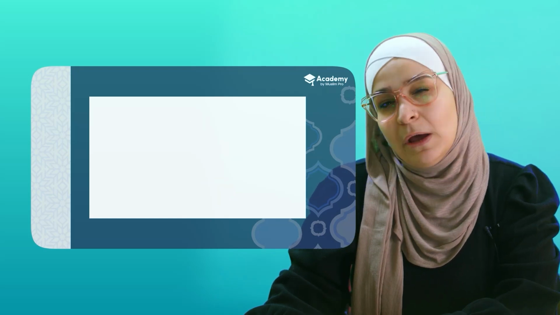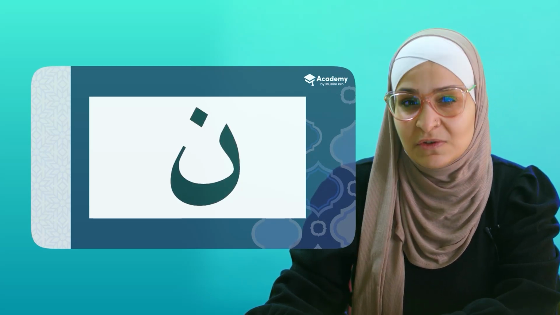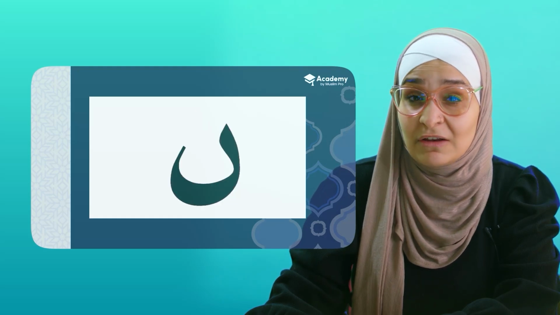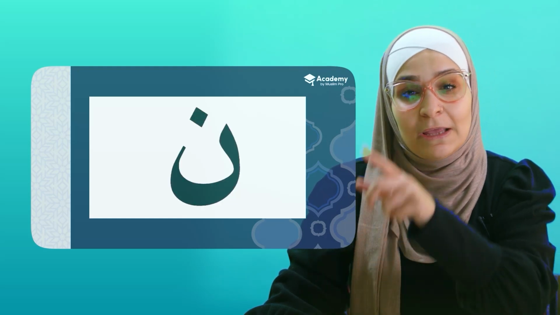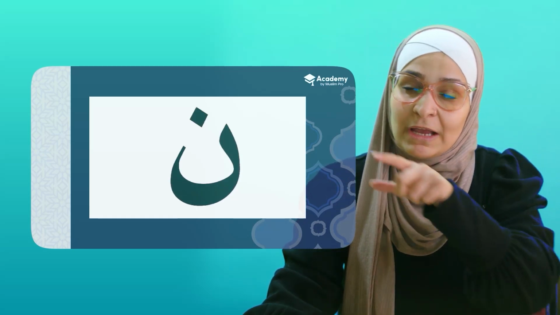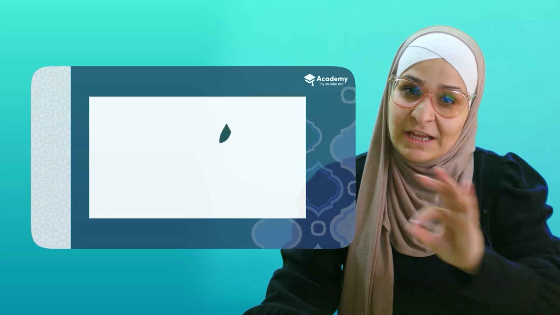Next we have the letter noon, and this is how we write the noon. Noon is kind of the adopted sister in the plates family because it has most of the features similar to the ba, ta, tha, but it's slightly different because when we write it in its independent position and final position, it's written like a bowl shape. As you can see, it's small, more like a bowl than a plate.